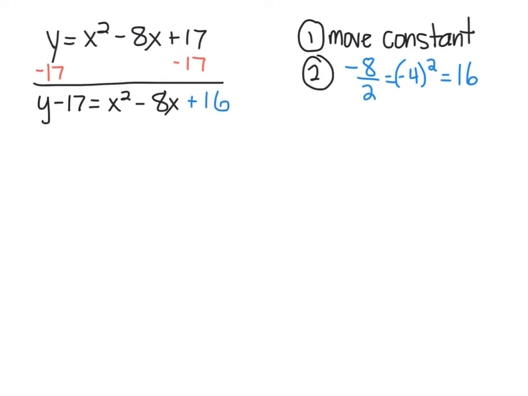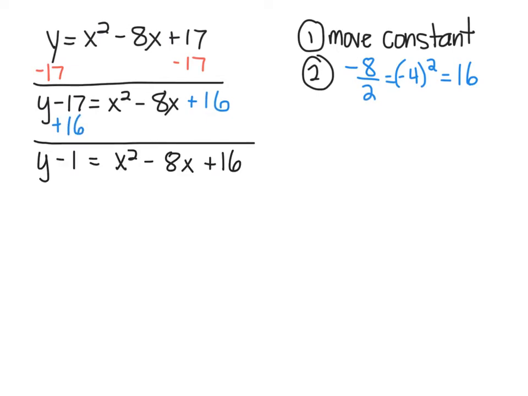But remember, if I add it to this side, I must also add it to this side. Because I did what's called completing the square, I have created a perfect square trinomial. This will now factor into a binomial squared.